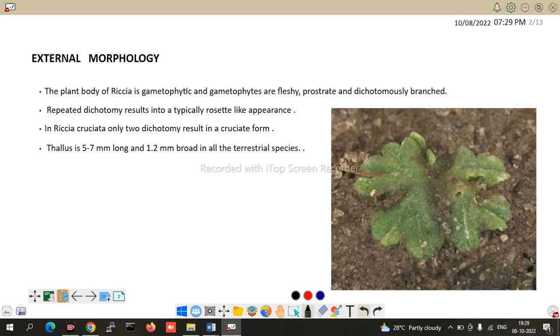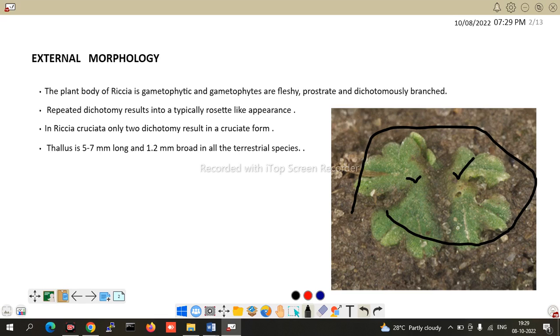In Riccia cruciata, only two dichotomous branches result in a cruciate form. Look here, this is Riccia cruciata. Two dichotomies here, two different branches. Here is one branch, here is another branch, and it branches dichotomously.